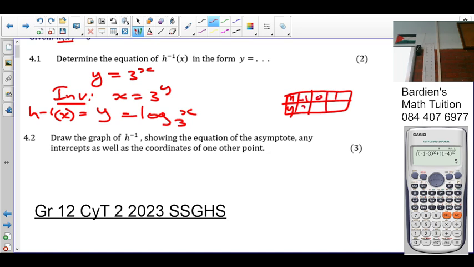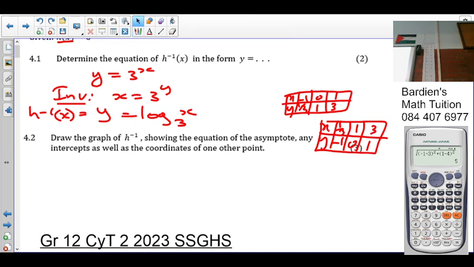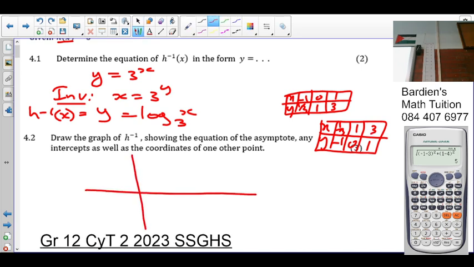So that is 3, 1 over 3, 1 and 3. So for the inverse function, well, that's enough to draw the graph. That is 1, 3 and 1.